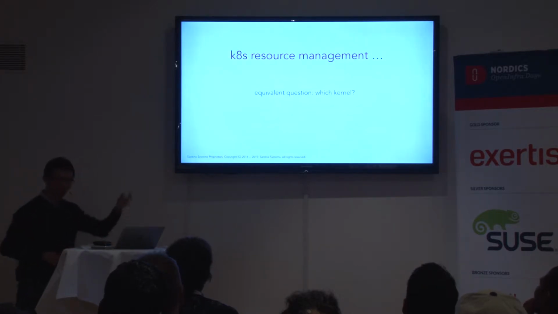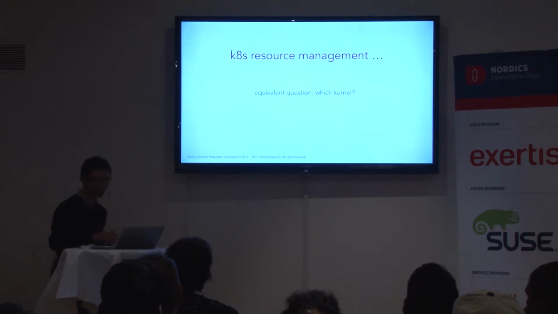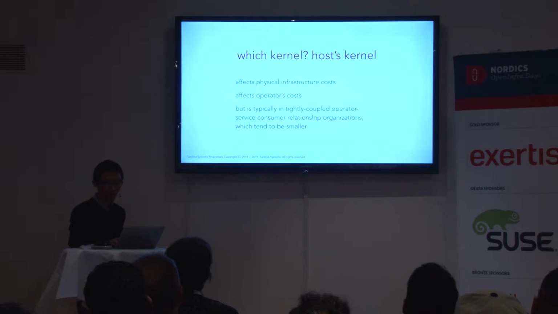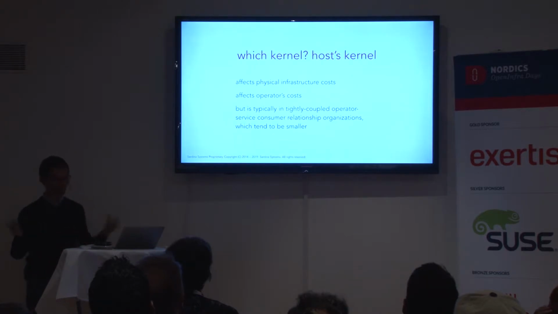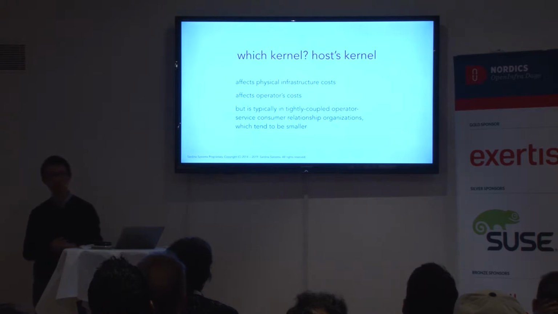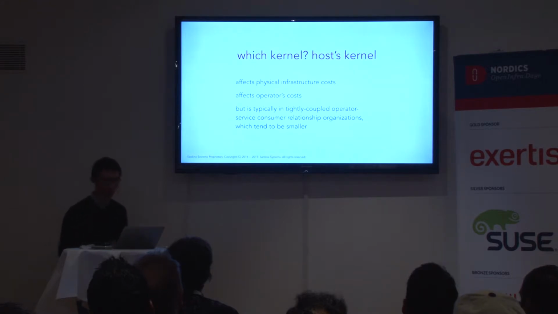And so if we then come back to the matter of Kubernetes resource management, we therefore have an equivalent question. Which kernel? If the host kernel, you can directly impact the physical infrastructure cost by right blending. And yes, it affects the operator's costs.